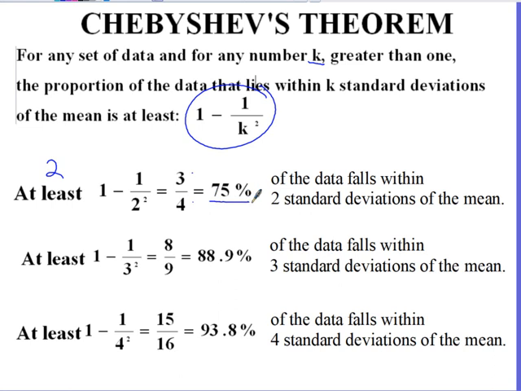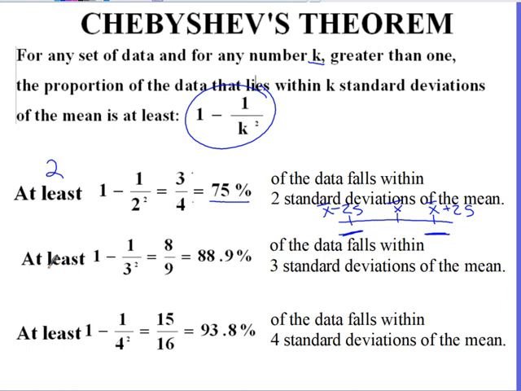On a number line, you've got your average. If I add 2 standard deviations to that average and subtract 2 standard deviations from it, I end up with 2 numbers, an upper number and a lower number, that will give me at least 75% of the original data.